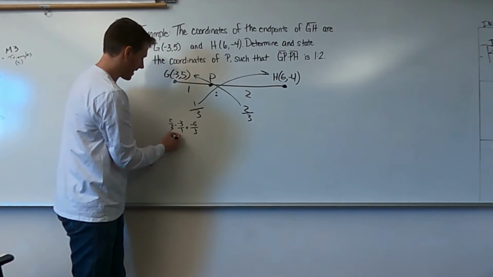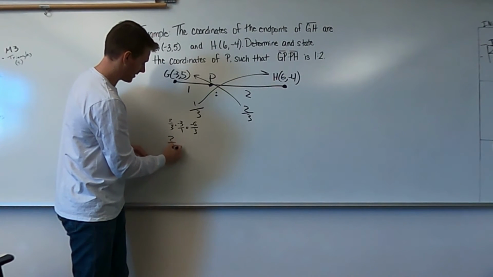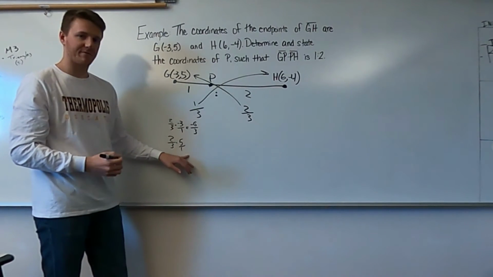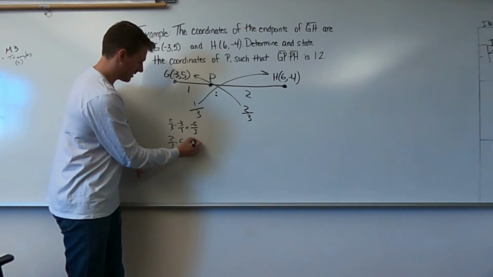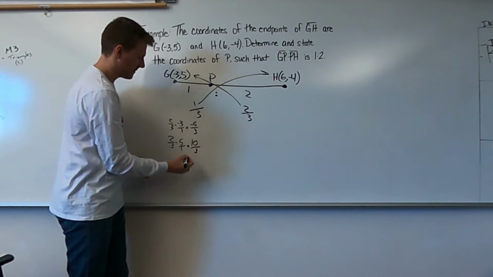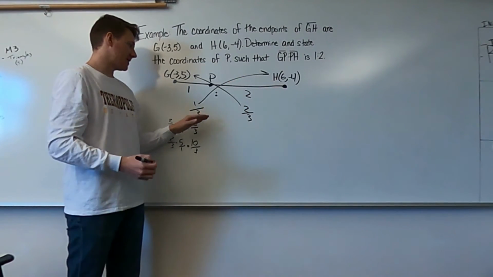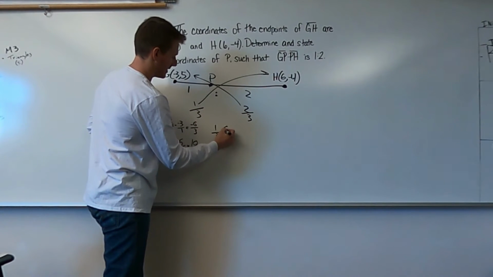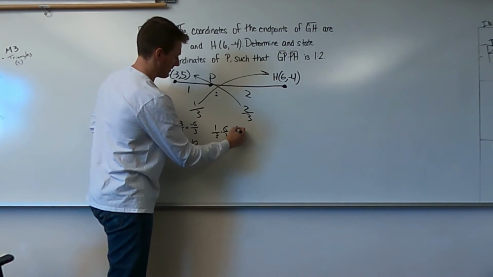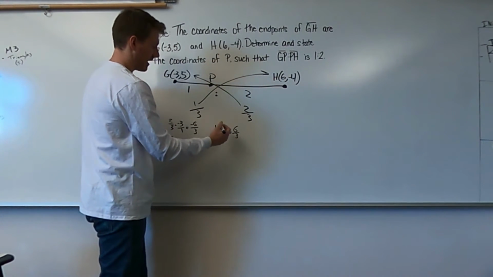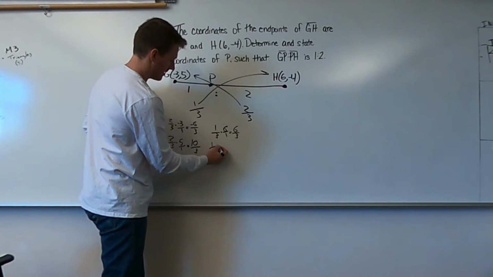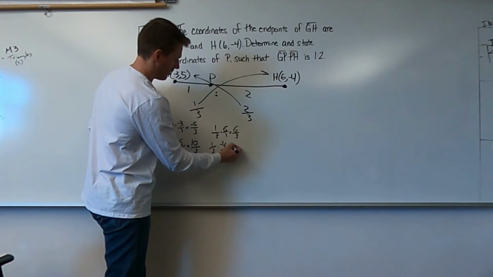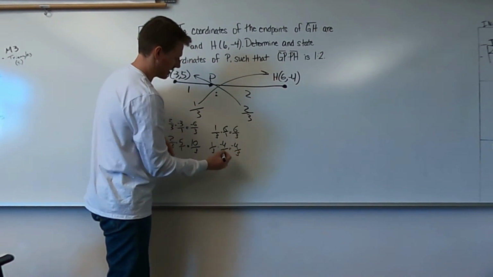And then we also have 2/3 times 5, which we can think about as being 5/1, which will give us 10/3. And then doing the same thing, 1/3 times 6/1 will give us 6/3, and 1/3 times -4/1 will give us -4/3.